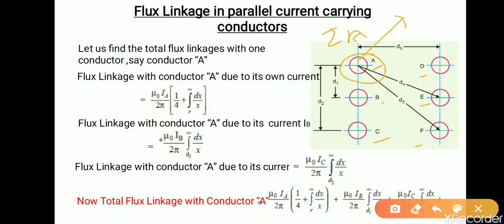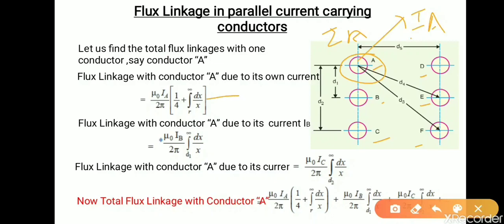To calculate the total flux linkage, we have to calculate the flux linkage of the conductor A due to its own current IA, which, as already derived in the previous slide, is given by μ0 IA by 2π into 1 by 4 plus the integral from r to infinity of dx by x.